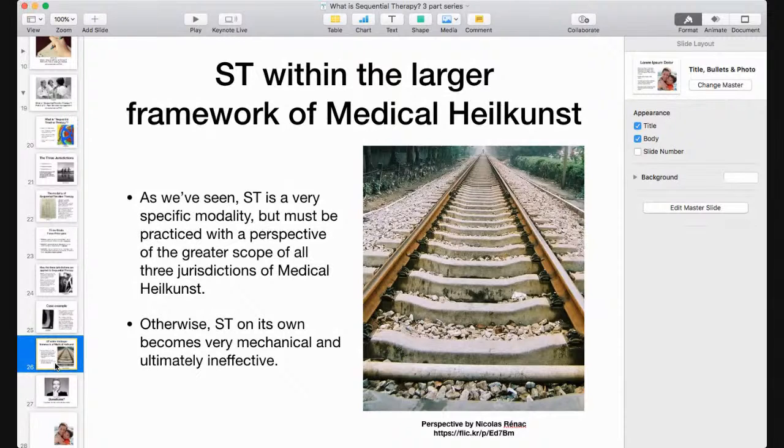And the main point, which I touched on a moment ago, is that when we're doing sequential therapy, it's not just specific to the middle jurisdiction of therapeutic medicine. It's not just about giving the right remedies to a person, but it really takes into account all three of the jurisdictions. What is that regimental support at the base level to make sure the healing power can do what it's doing?